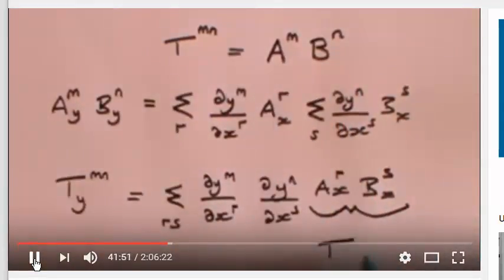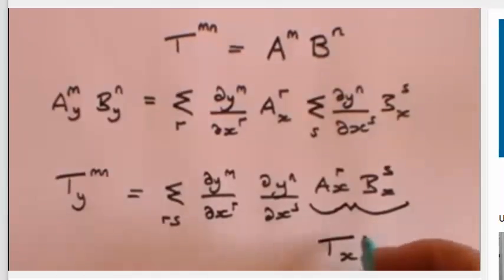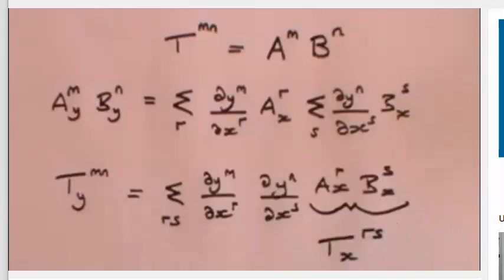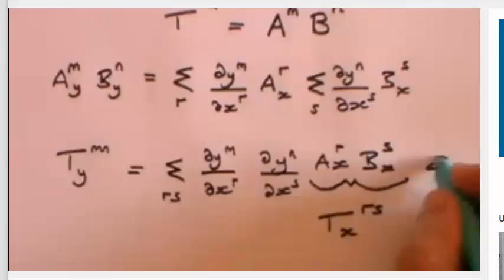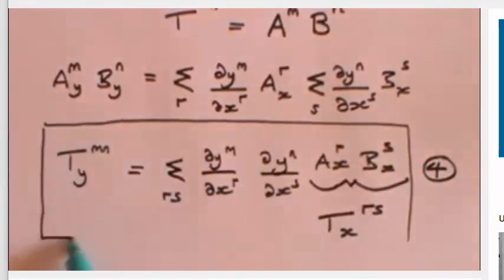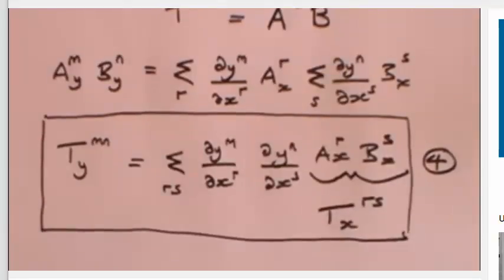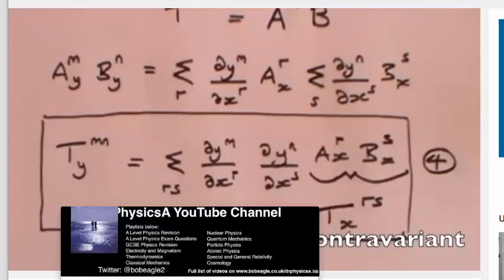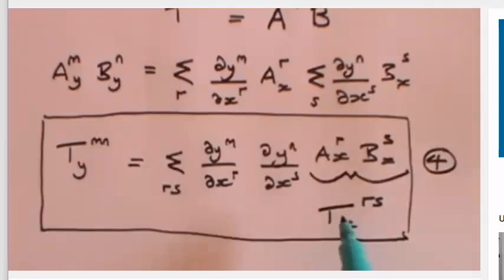In this case, it's the tensor in the x frame of reference, but its indices are r and s. And that I'm going to call equation 4. And I'll put a block round that because we may need that in the future. And that is called, it gets a technical term, it's called the contravariant transformation. It's the transformation from the y frame of reference to the x frame of reference for tensors. There is an equivalent.